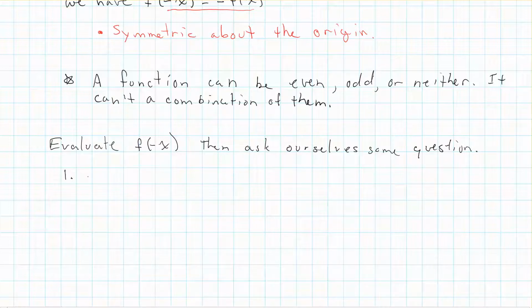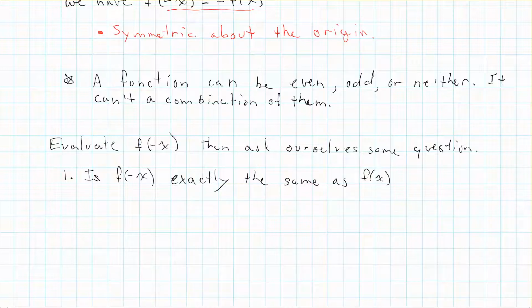The first question I always check is: is f at negative x exactly the same as f at x? If the answer to this is yes, then we're even. If the answer is no, we go on to the next question.